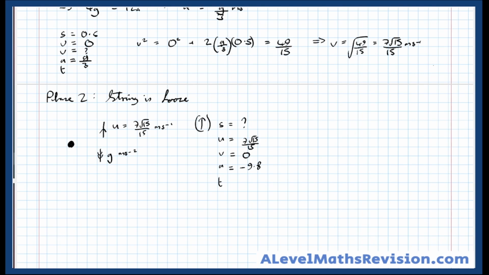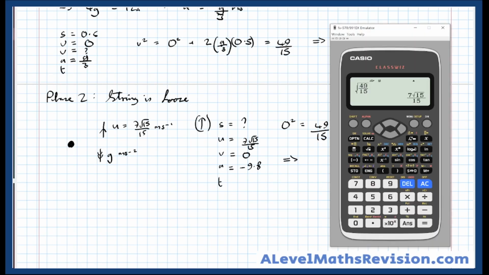So if we use V squared equals U squared plus 2AS, we get 0 squared equals, and we know from the previous part that V squared was 49 over 15, so U squared is just that, plus 2AS, and then rearranging that, so 2 times minus 9.8, just to get some nice numbers, is minus 19.6.